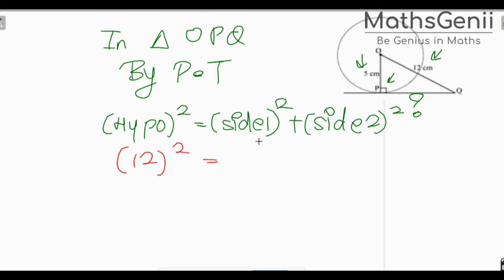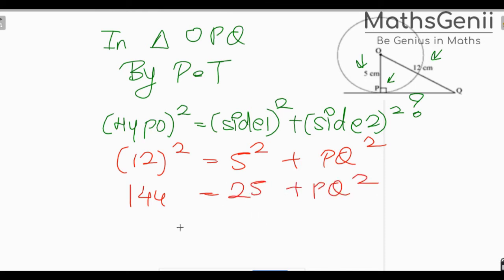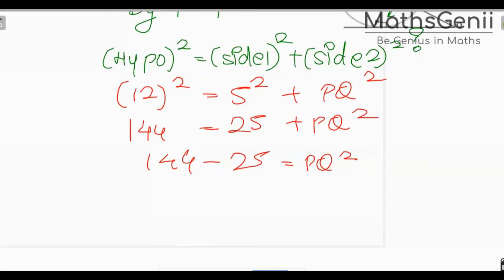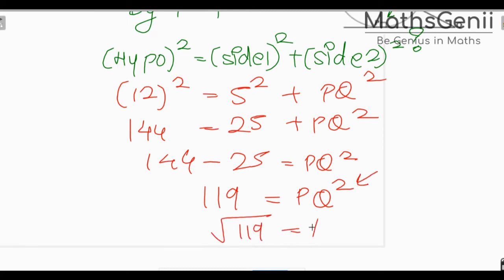What is your side 1? 5. What is your side 2? PQ. I don't know. PQ square. 12 square is 144. 5 square is 25 plus PQ square. Simple. This is plus, goes there, becomes minus. And when you subtract 144 minus 25, it comes out to be 119. Now this square goes that side, becomes square root. This is your answer. Pretty simple.